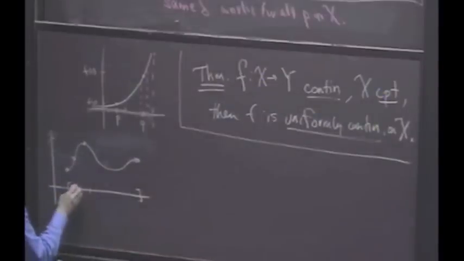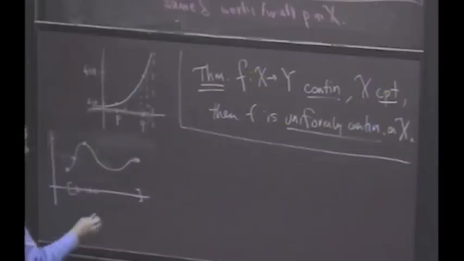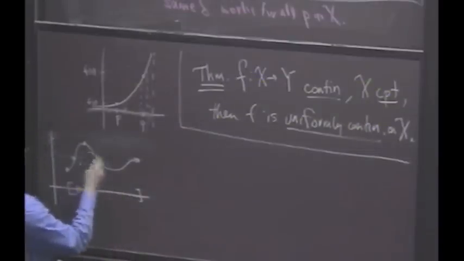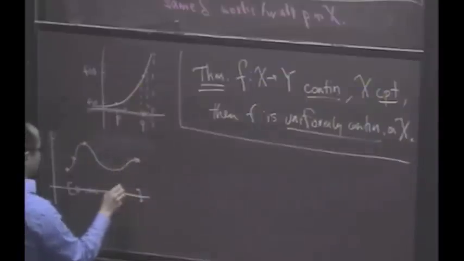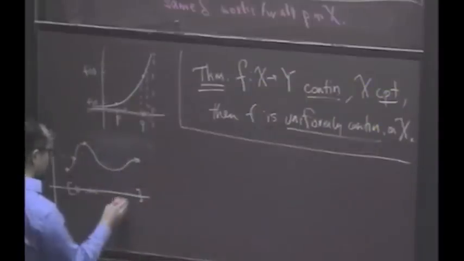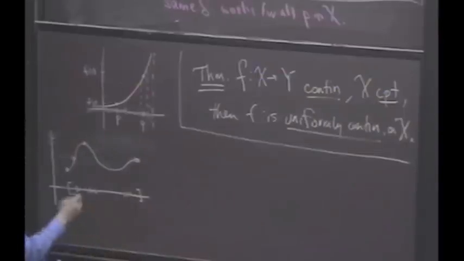So let's see. This delta ball is kind of tiny. This delta ball is kind of big. And I'll go over a few other places. I could find some delta balls that would keep things within epsilon as well, right? Here, maybe this one works. Now, lots of different deltas. What delta is going to work for every epsilon?